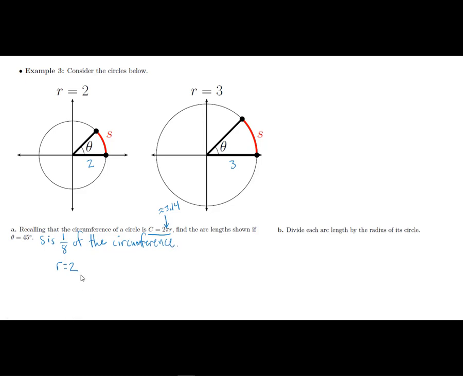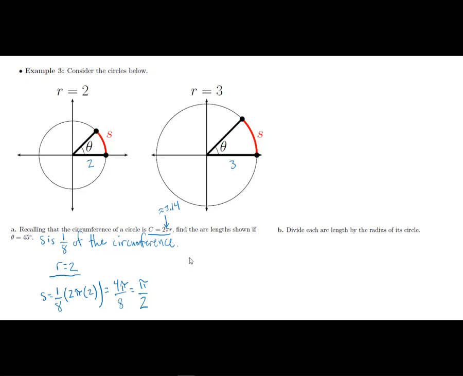We know the circumference is 2 pi r, and since our radius here is 2, I put 2 in for r. That gives me 4 pi over 8, which is just pi over 2.